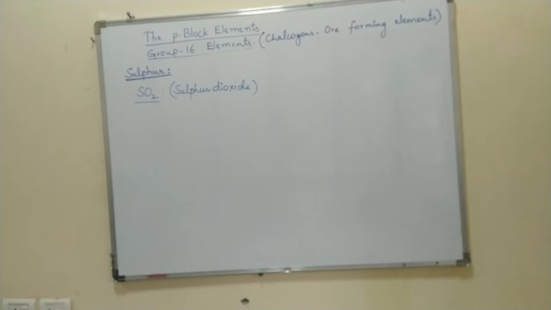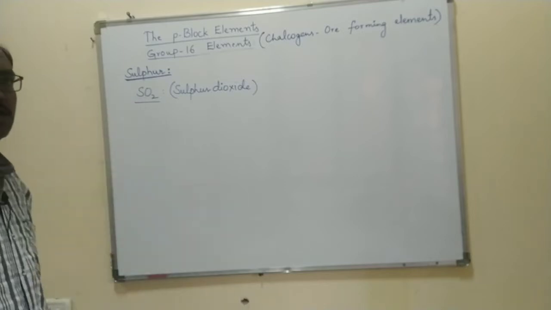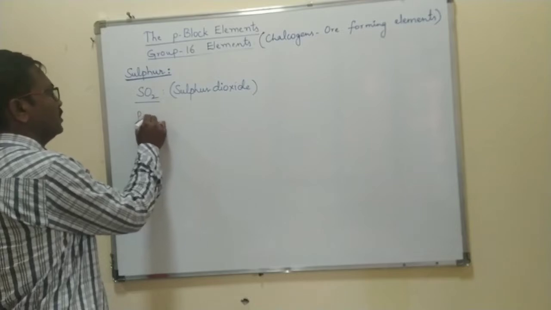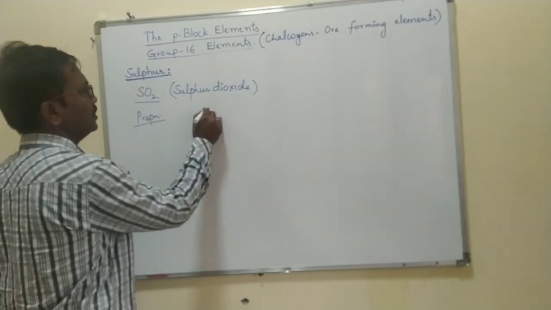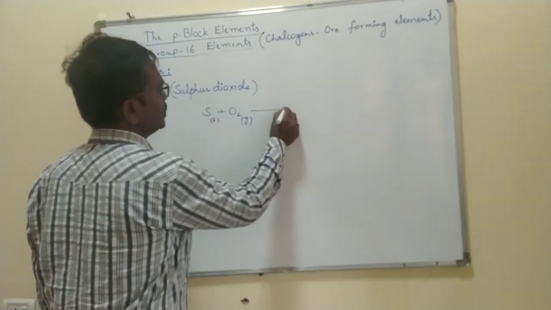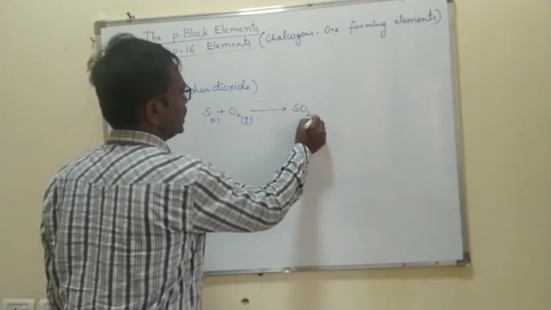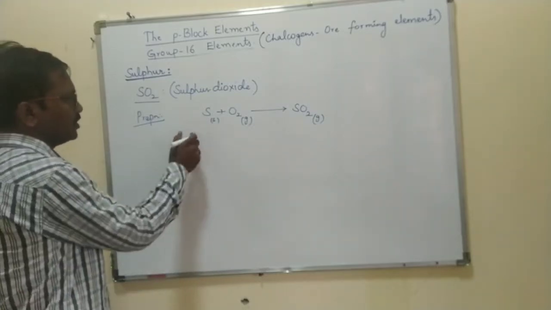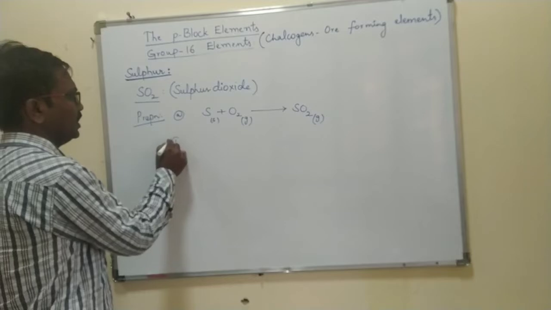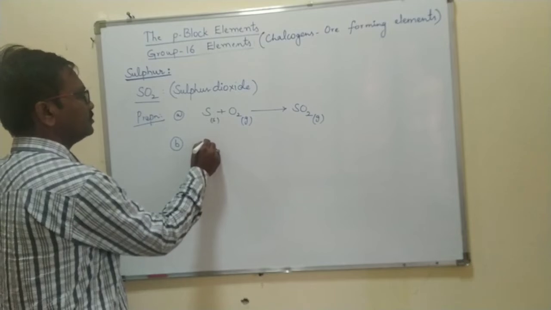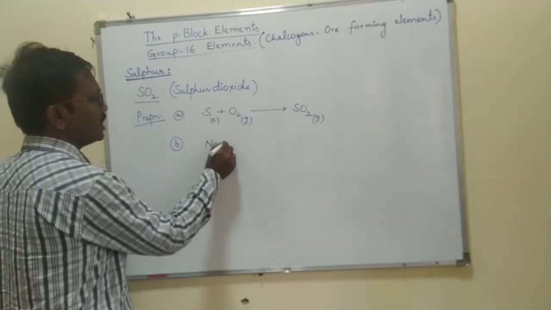Next one, sulfur dioxide. In this one, there is an allotropic form. The second topic is sulfur dioxide preparation methods. Preparation: sulfur solid plus oxygen gas forms sulfur dioxide, which is a gas, right? The second one, from the sulfites: you can take any sulfite.